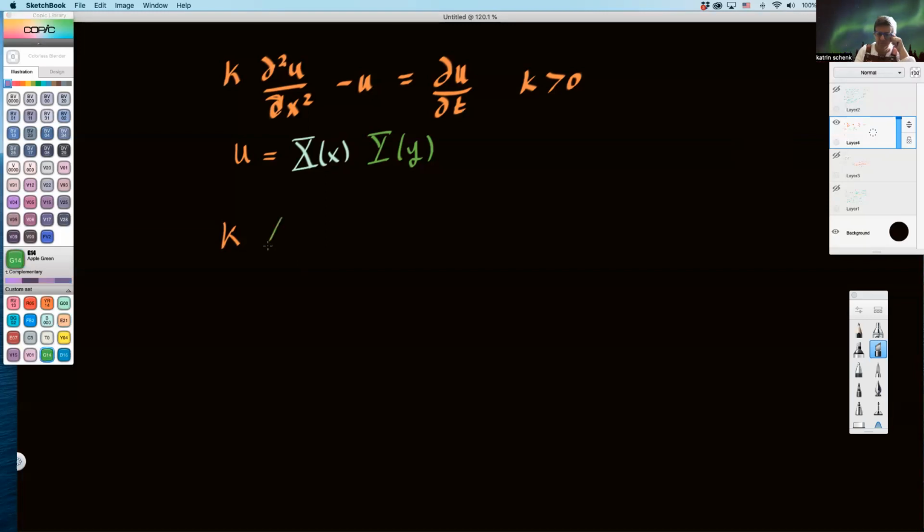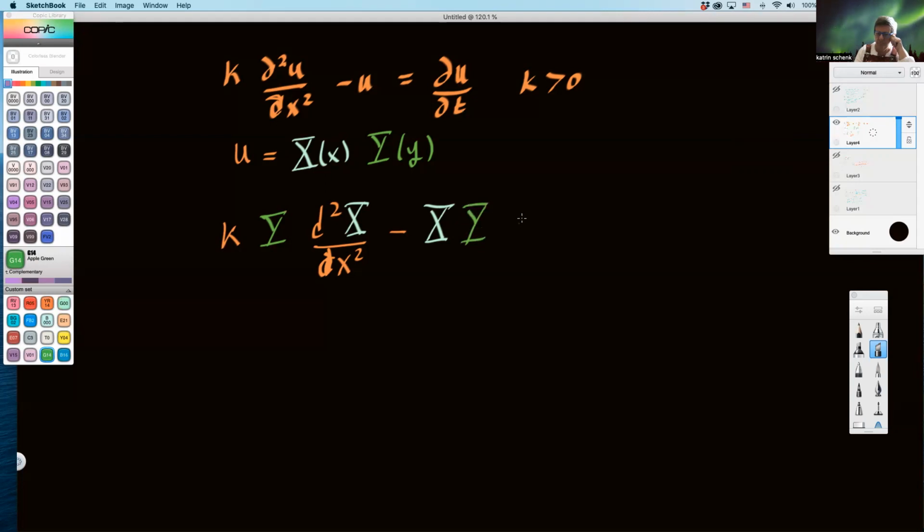We don't care about T. And then this is going to be the regular derivative squared of X with respect to x. Okay. And then we have minus XT, right? Here for u. That's our guy.